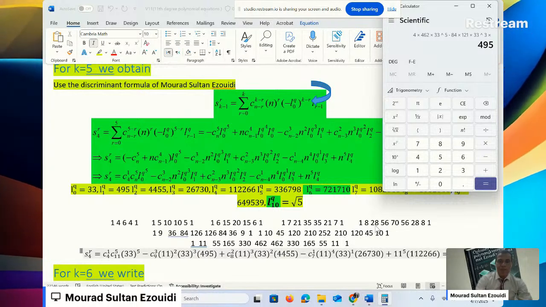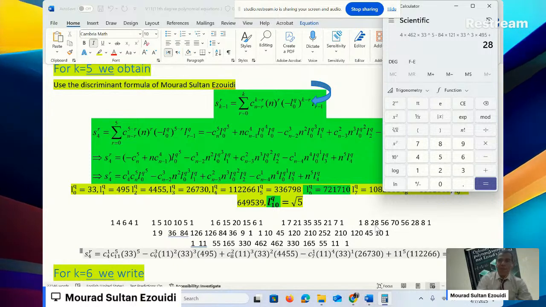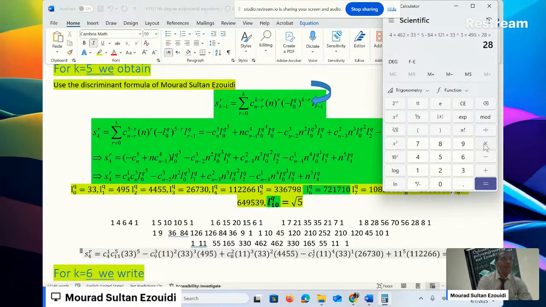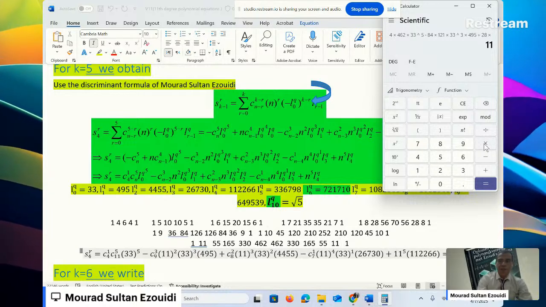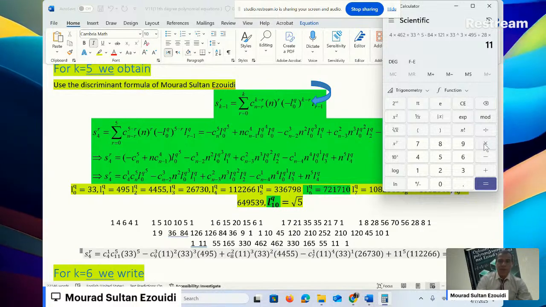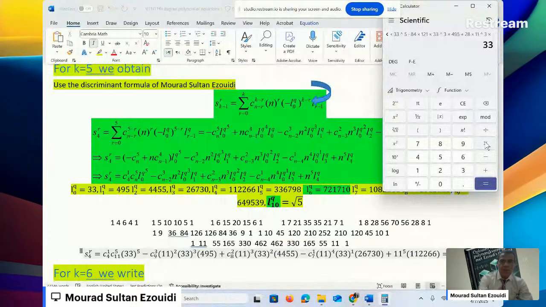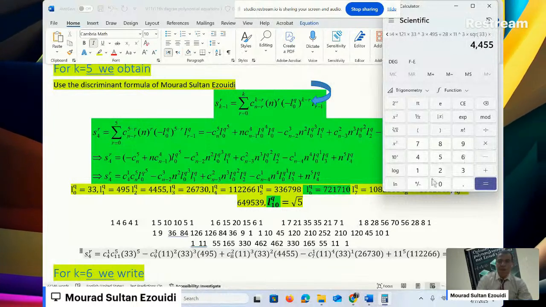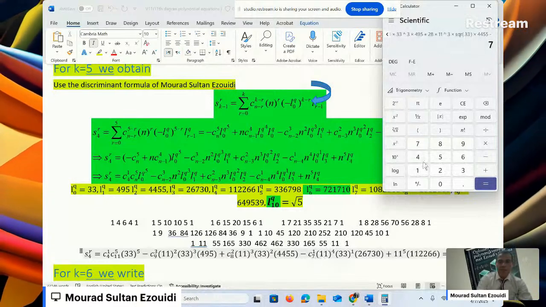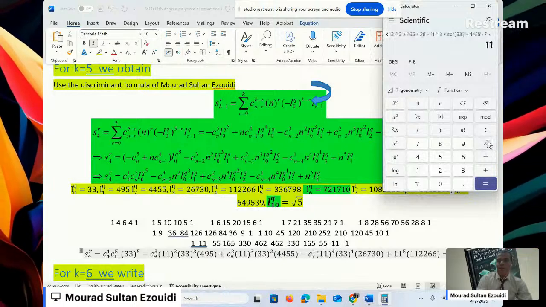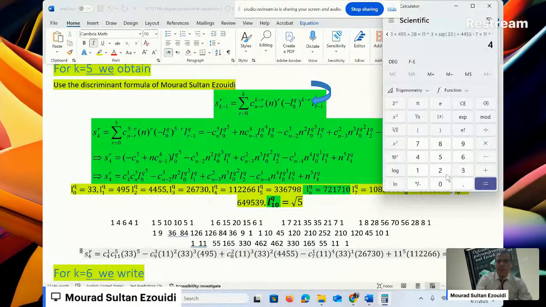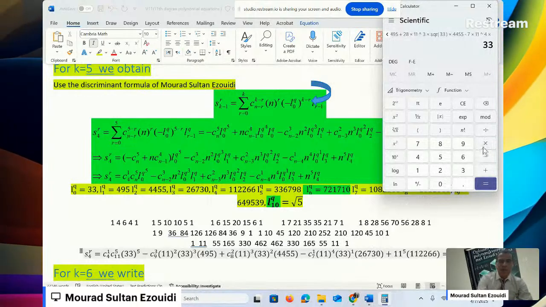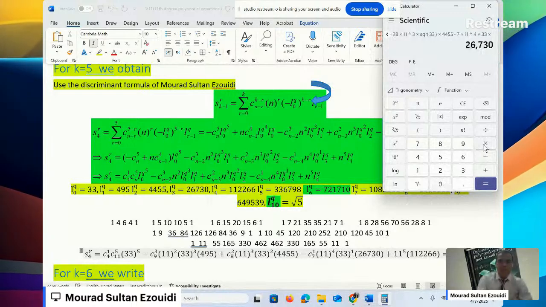Plus 28 multiplied by 11 cubed times 33 squared, times 4,455, minus 7 multiplied by 11 raised to the power 4, multiplied by 33, multiplied by 26,730.